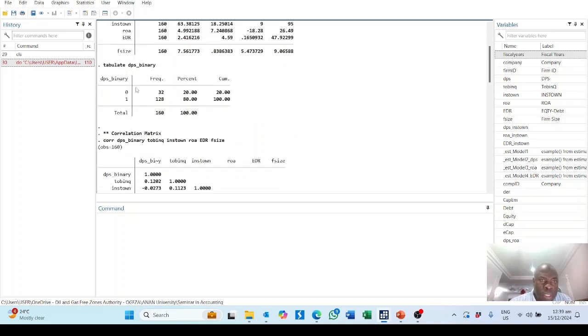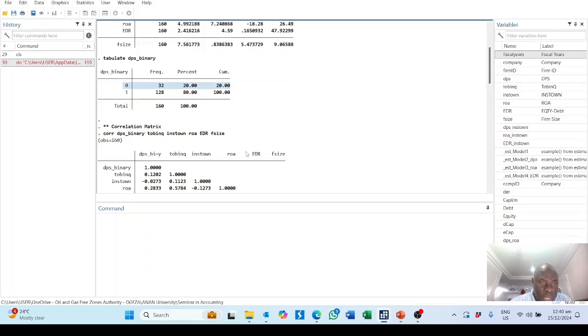Now, the distribution of the binary outcome, that's the dependent variable, like I stated earlier, is 20% of the firms are not paying dividends, while 80% are dividend paying.